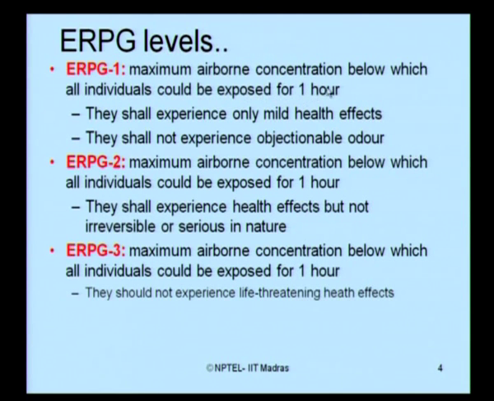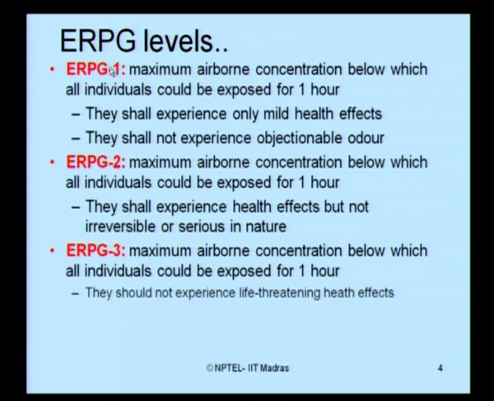ERPG 1 is the maximum airborne concentration below which all individuals could be exposed for up to a period of 1 hour, provided these individuals shall experience only very mild health effects. They shall not experience even objectionable odor. So, it is a very mild concentration of chemical to which every individual can be exposed.